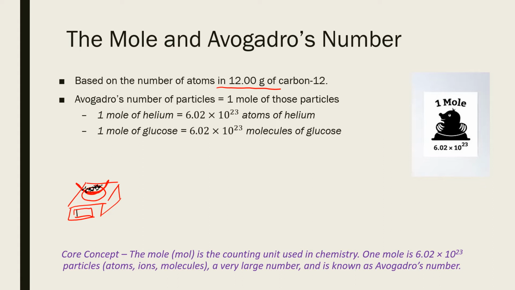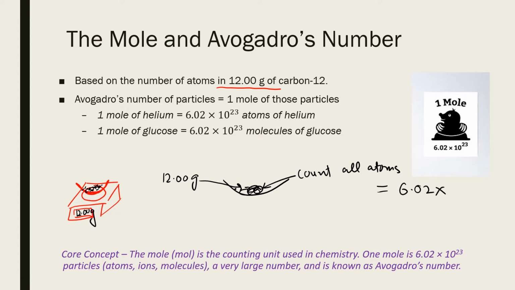If you weigh 12.00 grams of pure carbon and count all the atoms present in this sample, the atoms will be equal to 6.02 times 10 to the 23 atoms.